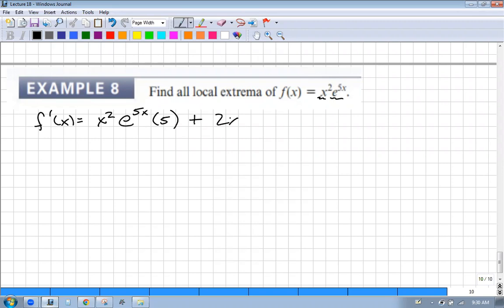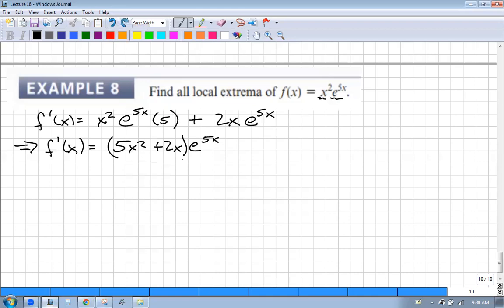Now we have the derivative of the first function times the second function. All right, and we can simplify this, right? We have a 5x squared plus a 2x, and everything is e to the 5x. And really, these both have x's in them, right?